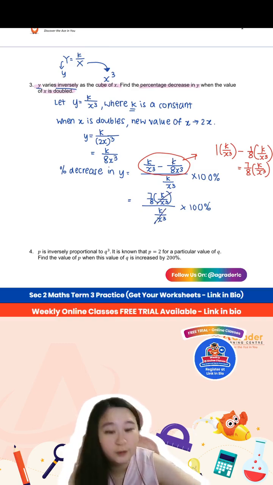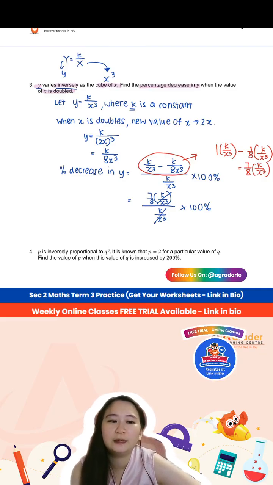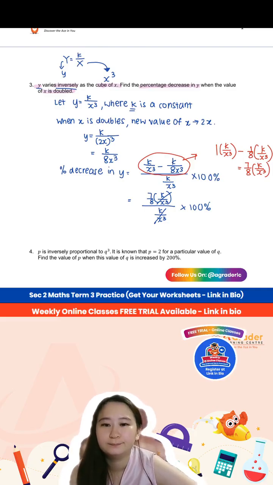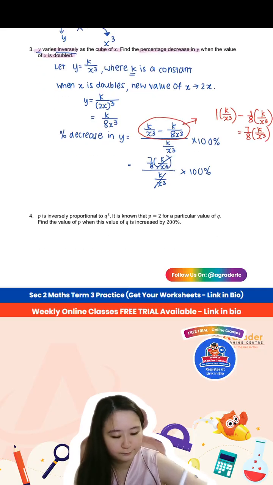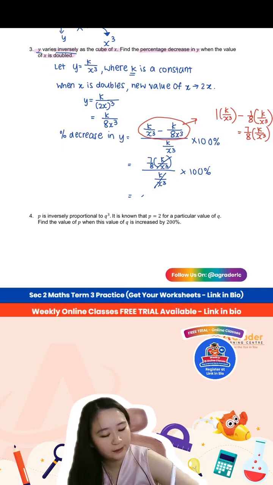So this is the common factor. You can cancel. So 7 over 8 times 100%, we have 87.5%.